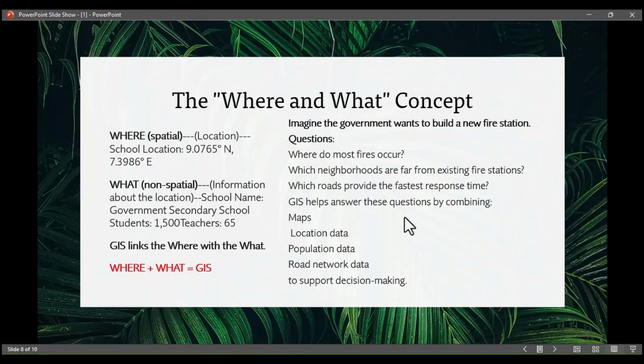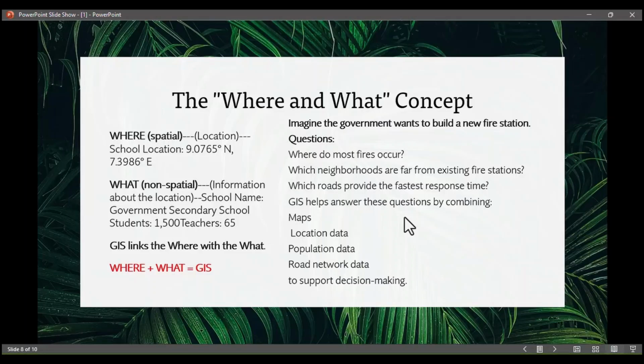The what, which is non-spatial, is the information about the location. We have the school location. Now we're talking about what is the name of the school. Is it a public school or a private school? A secondary or a primary school or a university?